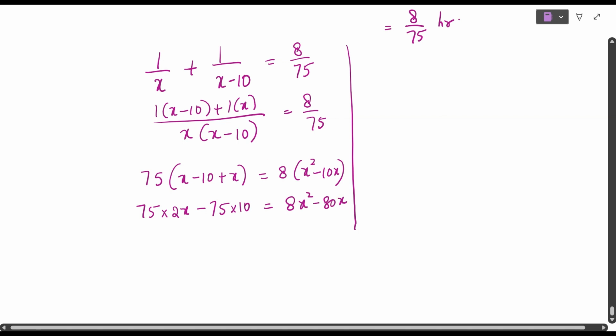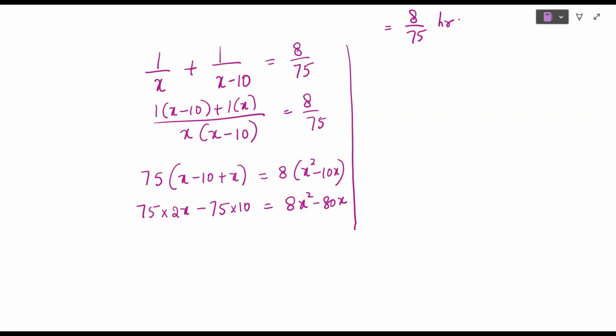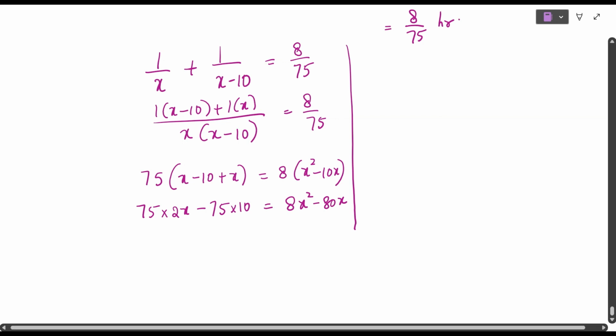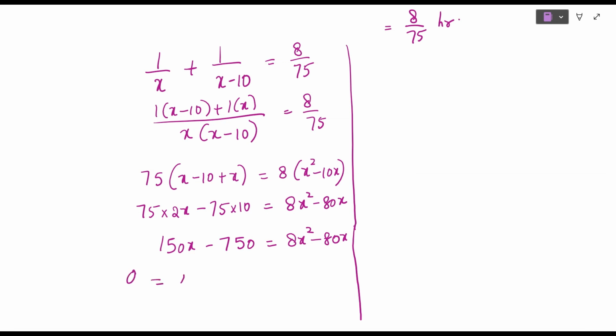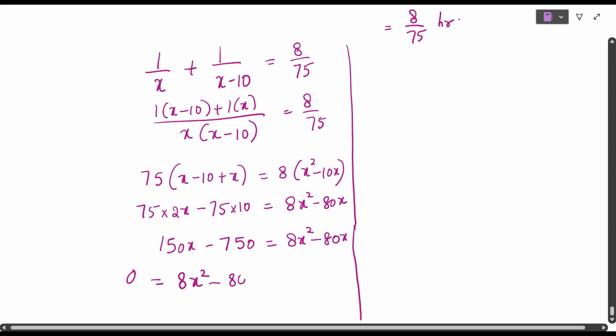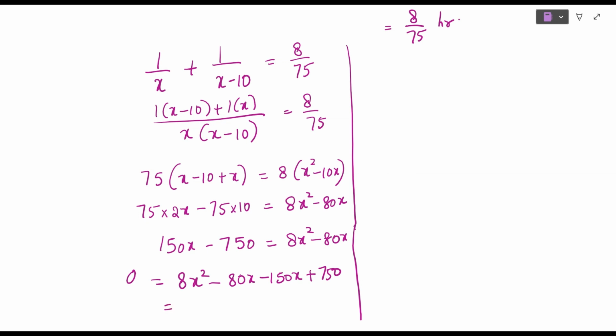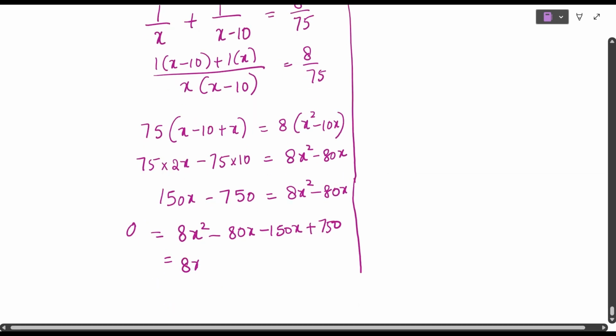Did you understand, students? Now here also we are getting how much? 150x minus 750 is equal to 8x square minus 80x. Now do transposition. 0 will be equal to 8x square minus 80x minus 150x plus 750. So here again we are getting one quadratic equation, students: 8x square minus 230x plus 750. Understood?